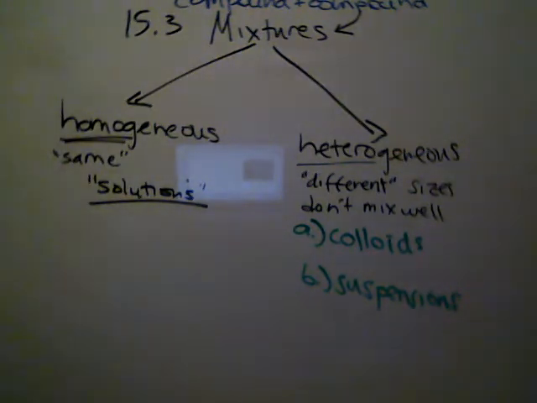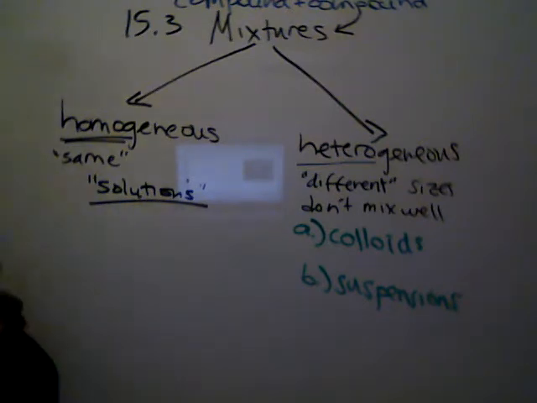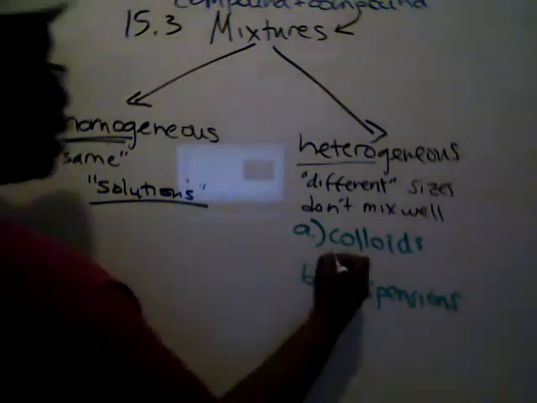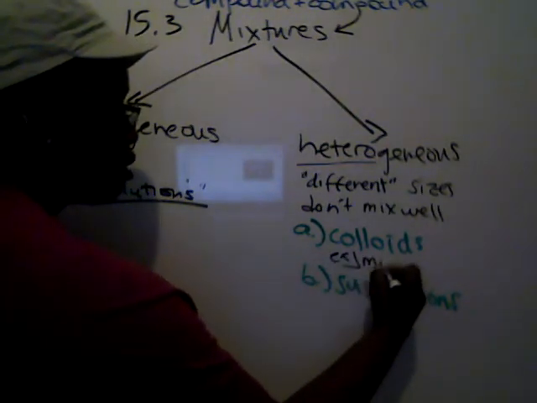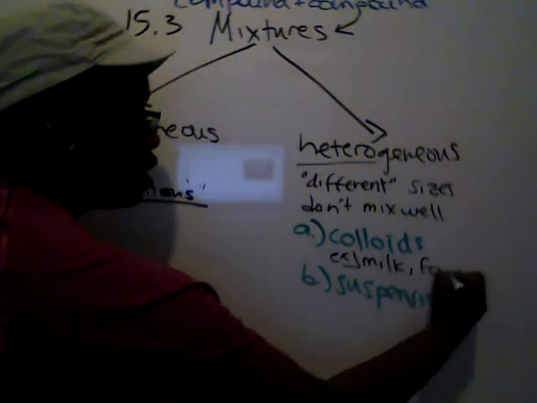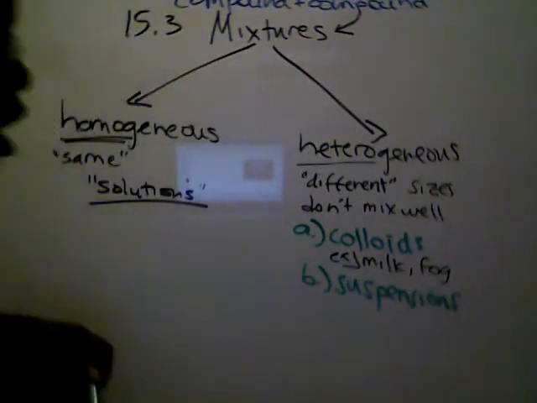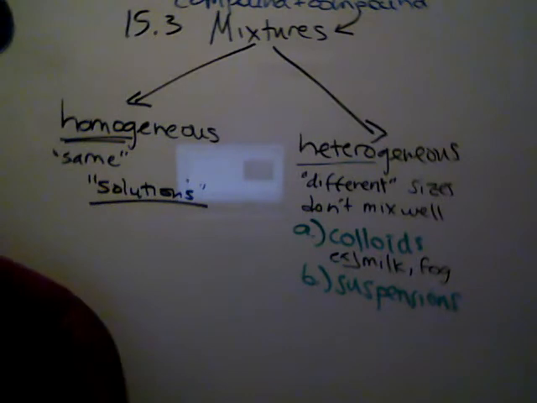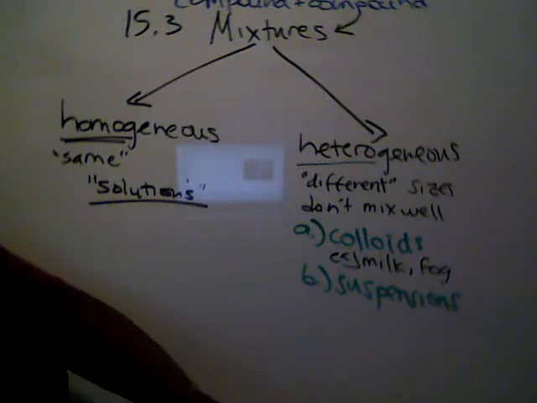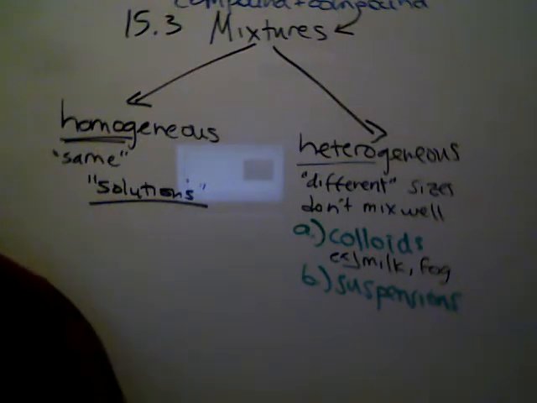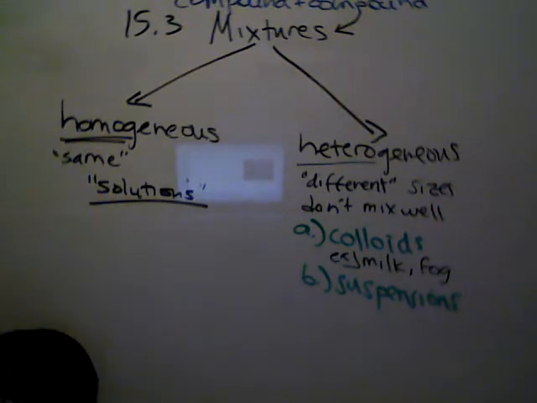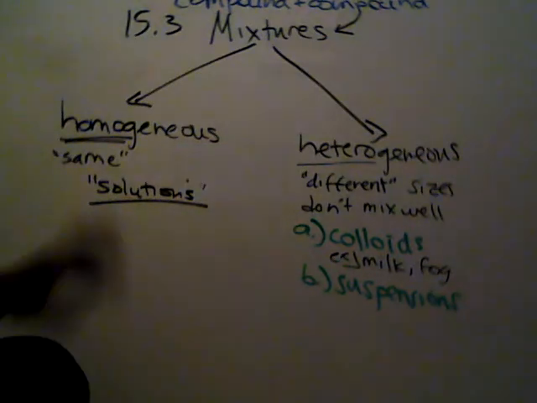So if we talk about what each of those are, an example of a colloid would be milk or fog. And you would like to think that milk is homogeneous, but if we actually let milk sit long enough, it will actually separate out, and you'll see that it's made up of different components or different layers. You'll have the cream, and you'll have the sugar, and you'll have the water kind of all separate out.